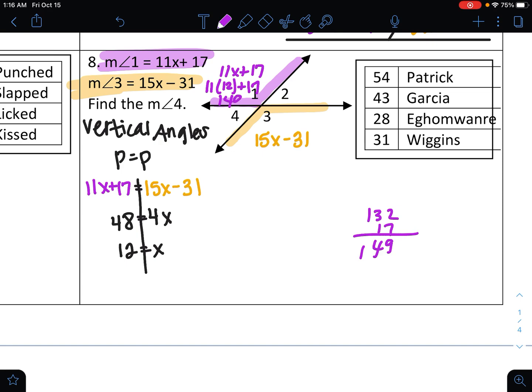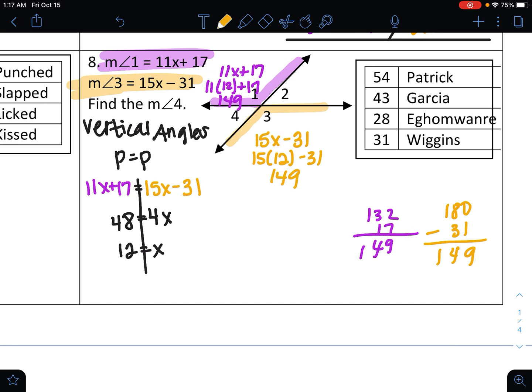Okay, I give up. I'm just going to do my work on this thing because I'm getting confused. All right, then we got 15 times 12 minus 31. 15 times 4 is 60. 3 60s is 180. Minus 31. 149. Oh, praise the Lord. All right, cool. I got the same answer on both. Lovely.